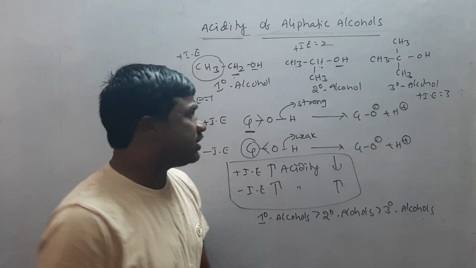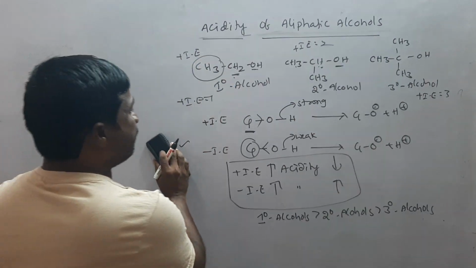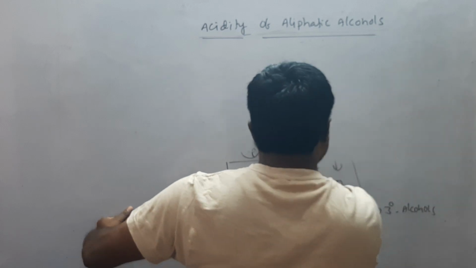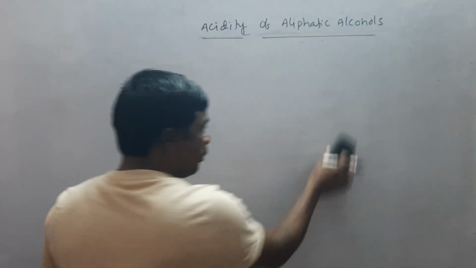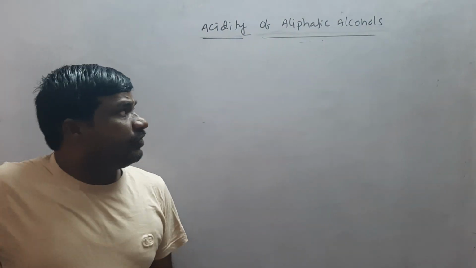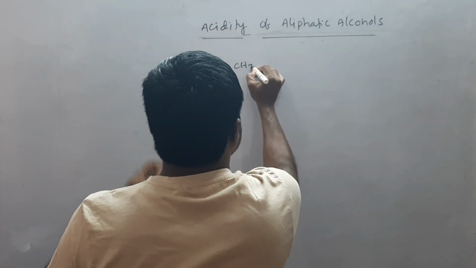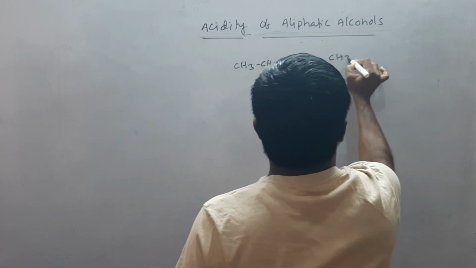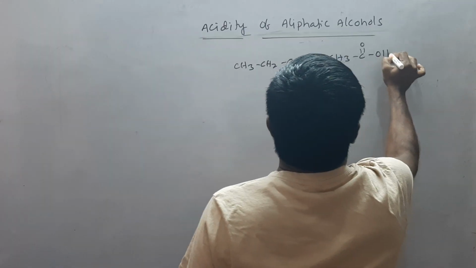So now I will discuss one more example. Here it purely depends on whether it is a plus I group or a minus I group. For example, here CH3CH2OH, then here CH3C double bond OH.